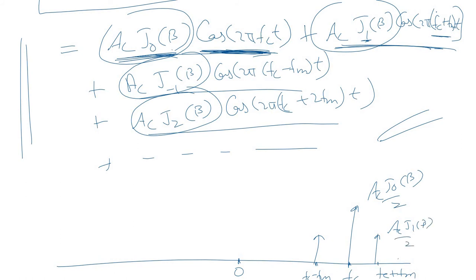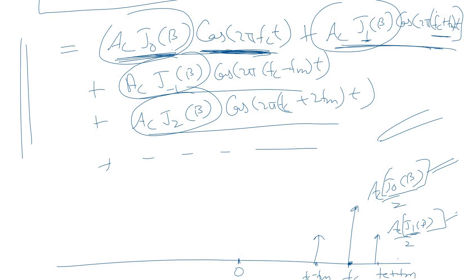This amplitude will be lesser than the amplitude of the component at f_c, because we have already seen the relationship of the Bessel function: the value of J_0(β) is maximum compared to the others, and as the order n of the Bessel function keeps increasing, its value keeps decreasing.